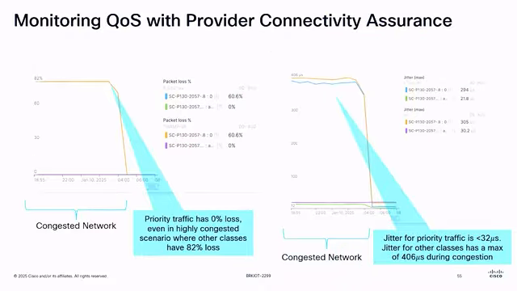But to highlight the importance of this, in my lab network we are congesting this network. It's a highly congested infrastructure during the period of time highlighted there. On the left we have packet loss. On the right we have jitter. The orange in the first picture is the packet loss for my best effort traffic.